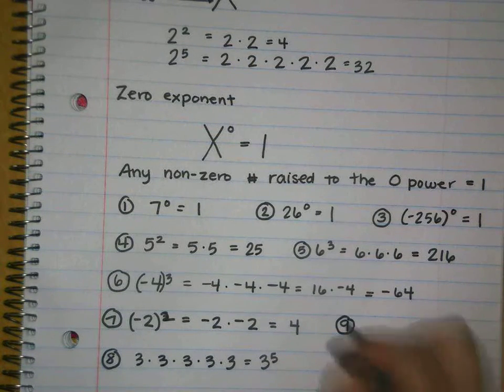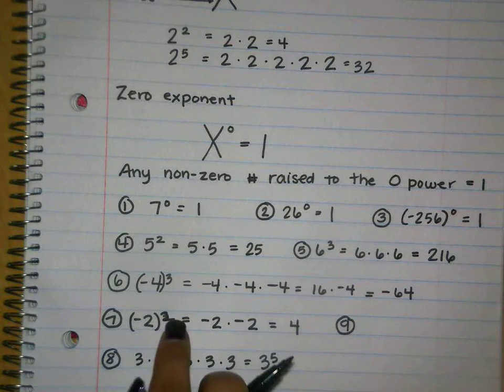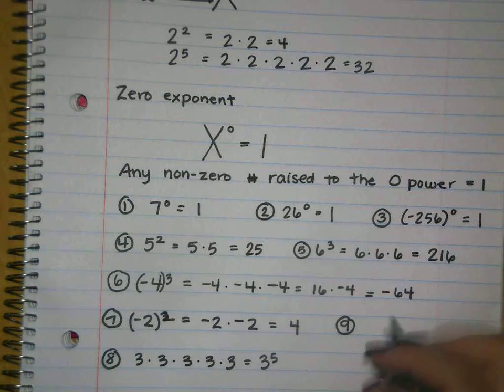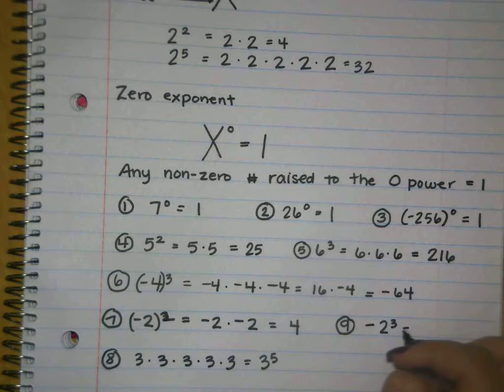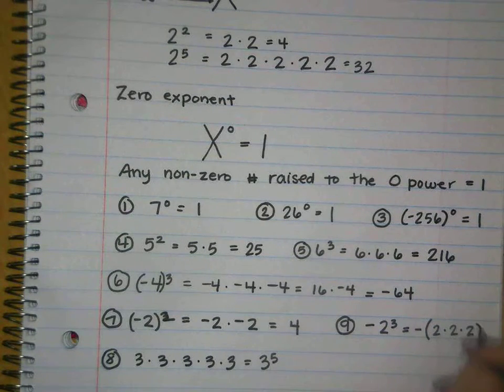I'm going to add one more. You see how here I have the parentheses and the exponent is touching everything inside the parentheses? Sometimes you might just see a negative 2 to the third power, and then that's going to be a negative 2 times 2 times 2. Okay, so 2 times 2 is 4 times 2 is 8.